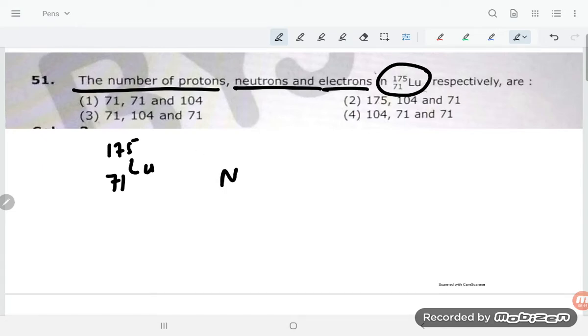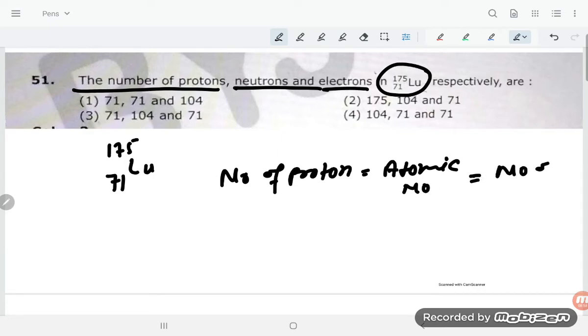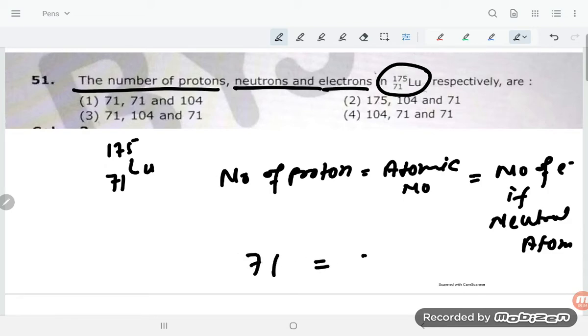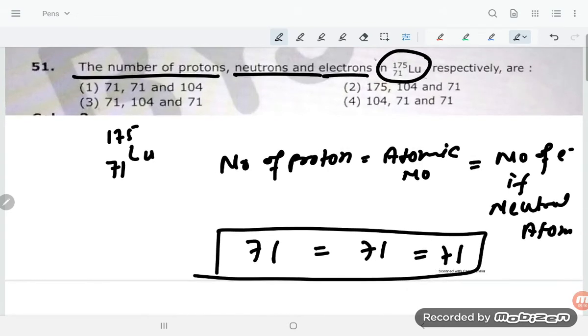The number of protons is equal to atomic number, is equal to number of electrons, if it is a neutral atom. So number of protons 71 equals atomic number 71, number of electrons 71. Okay, so the two things we got, proton and electron.